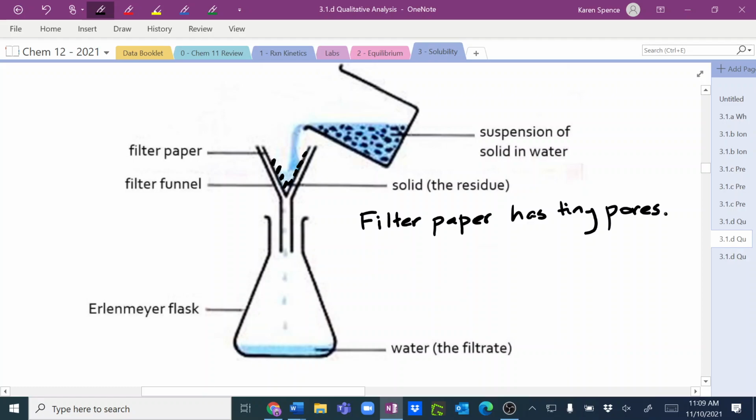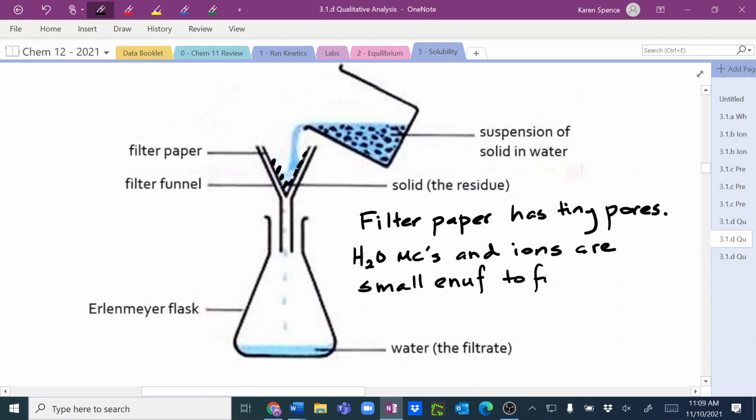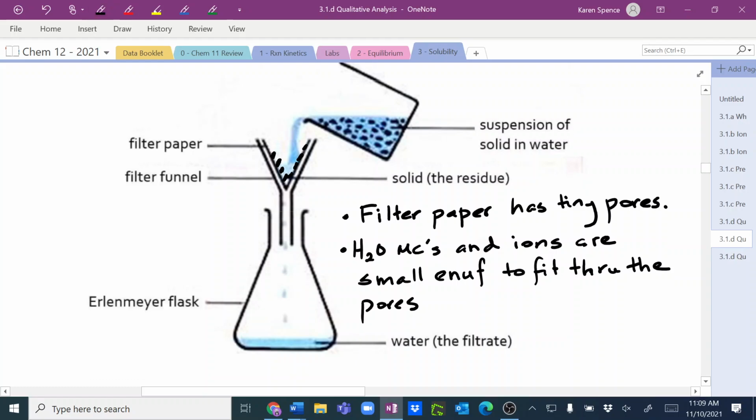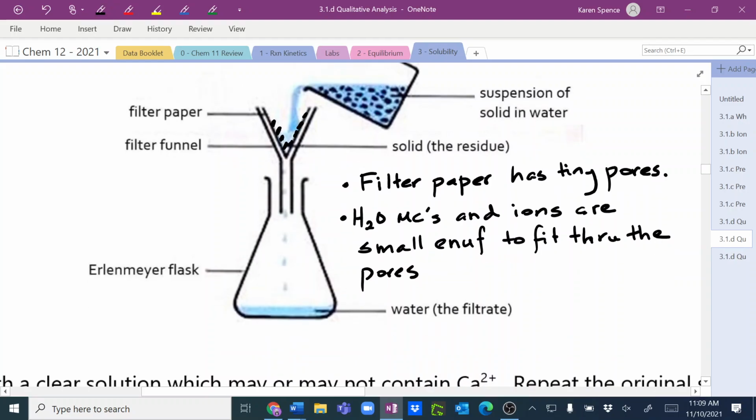Water molecules and ions are small enough to fit through those pores. The solid particles are too big to fit through the pores.